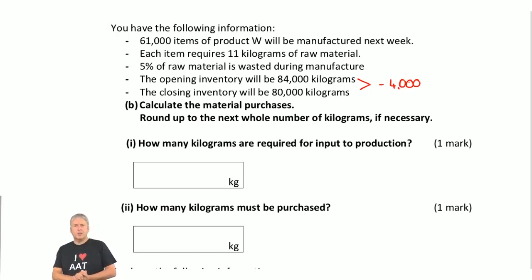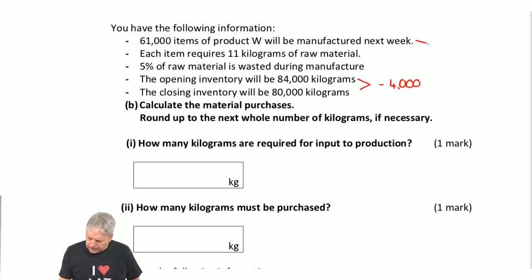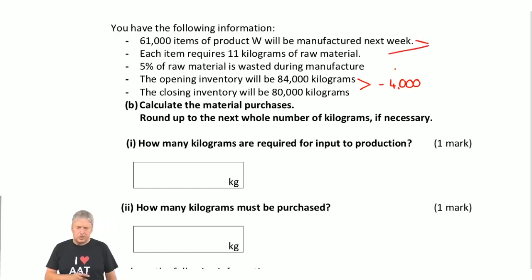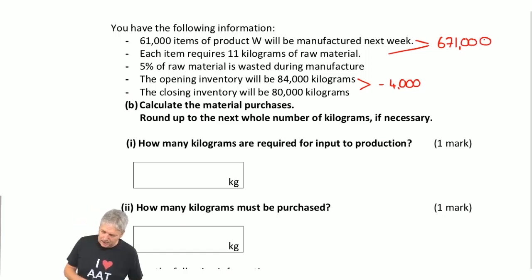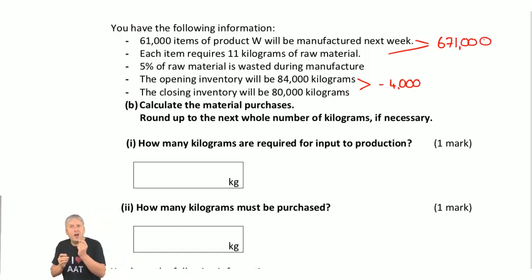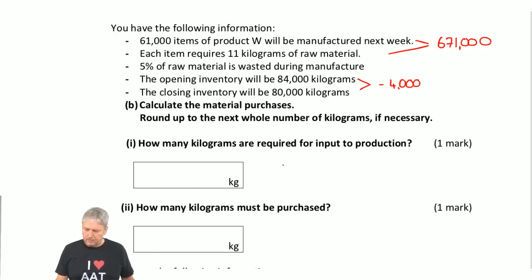And then we've got to look at the usage. Well, if we multiply these two together, we've got our usage, 61,000 multiplied by 11. My brain is hurting. Is that 671? Oh, it is. 671,000 kilos. But 5% of the raw material is wasted during manufacture.